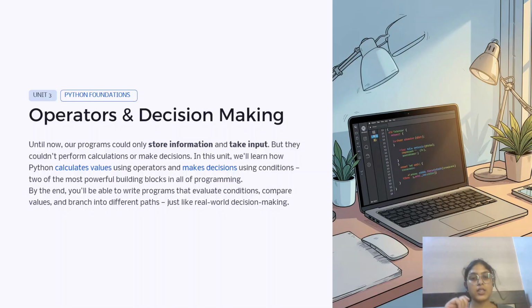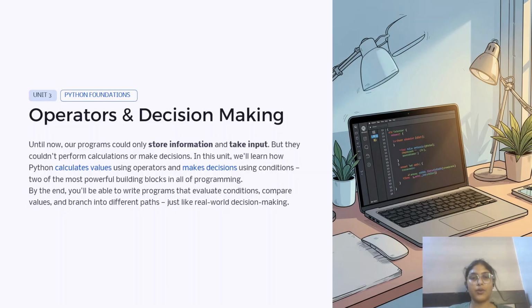Before that, let's quickly revise what we learned in our previous lecture. Before learning something new, let's spend a few minutes revisiting the topics of the previous lecture, because programming is like building a house.